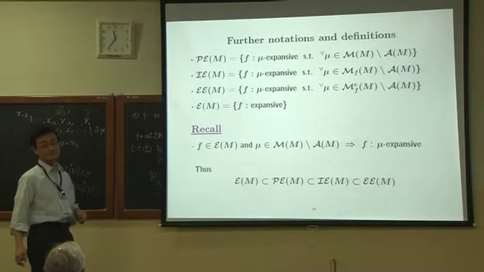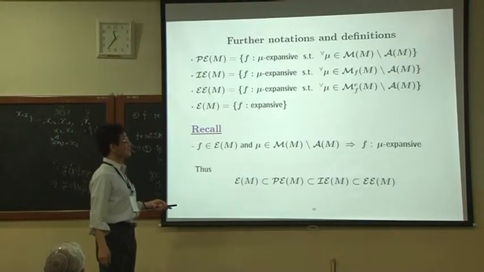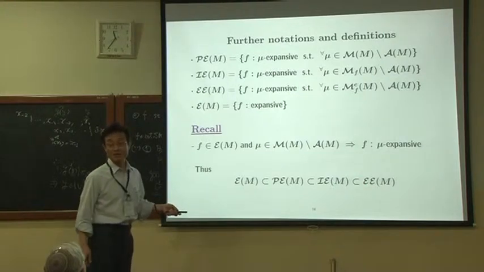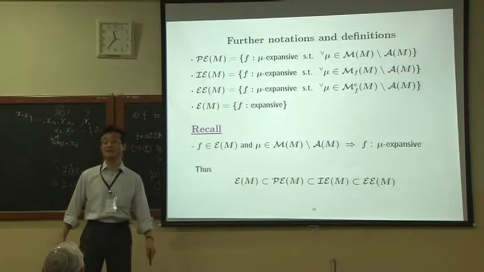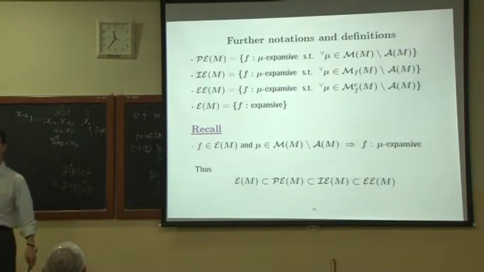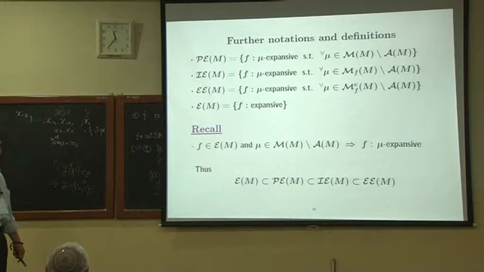What is the difference between the invariant and the ergodic one? Aren't they the same? If it's 0 for every ergodic measure, then it's 0 for invariant.